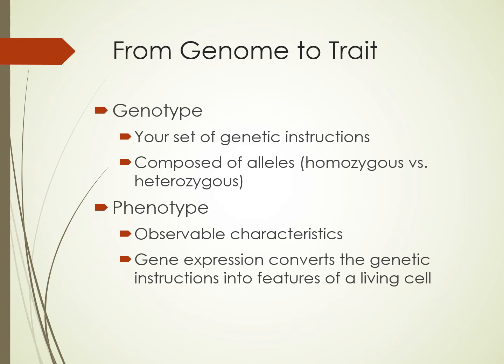So we have our genotype, which is the set of genetic instructions. These are composed of those alleles, which can be homozygous, so coding for the same trait, versus heterozygous, coding for differences in the trait, so they are different from each other. And then we have our phenotype, that is the observable characteristics of those genetic instructions.